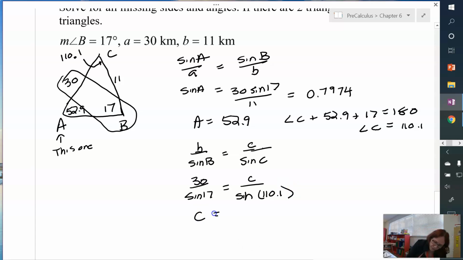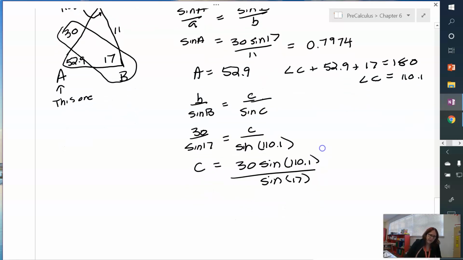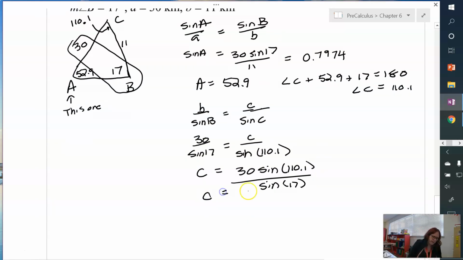So to solve this, c is going to be 30 times the sine of 110.1 divided by the sine of 17. Just punch this in your calculator. All you got to do is plug in. So 30 times the sine of 110.1, and we're going to divide that by 17. I get c equals 1 point.